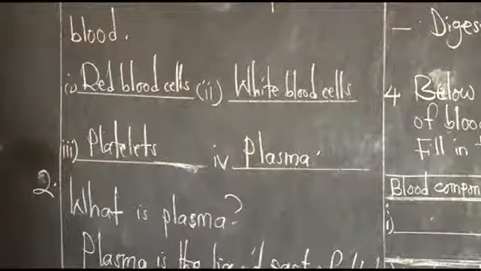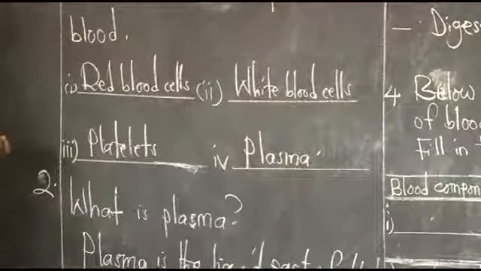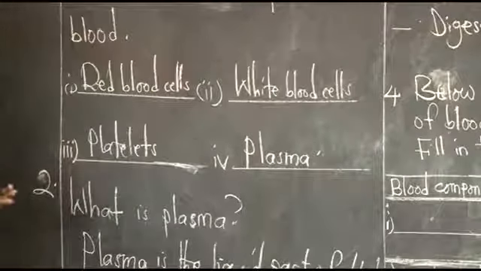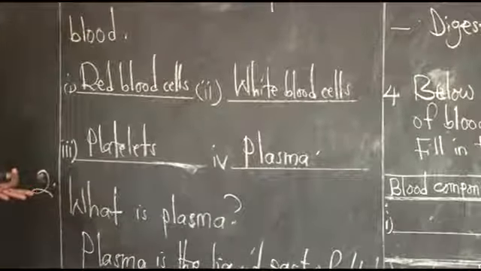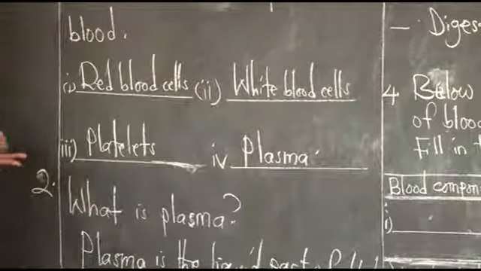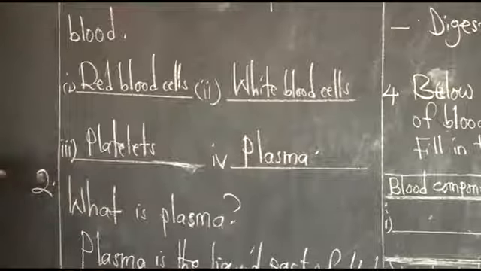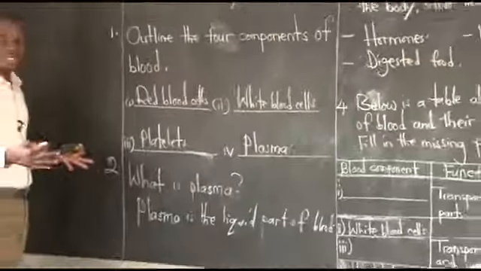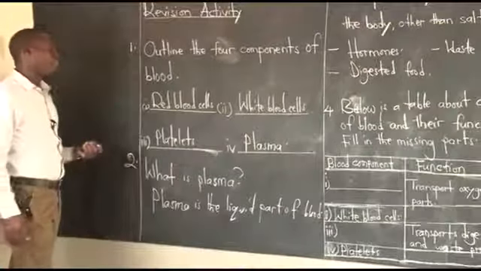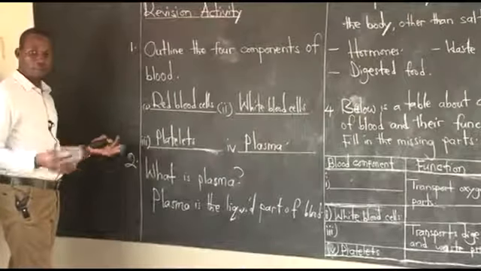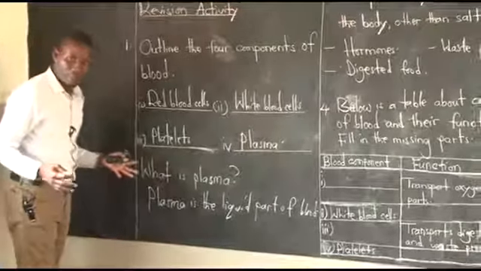And then the platelets help in blood clotting. When you cut yourself or when there's bleeding, the platelets go to that part for clotting blood to prevent severe bleeding. Then the plasma does the function of transporting different blood materials around the body.